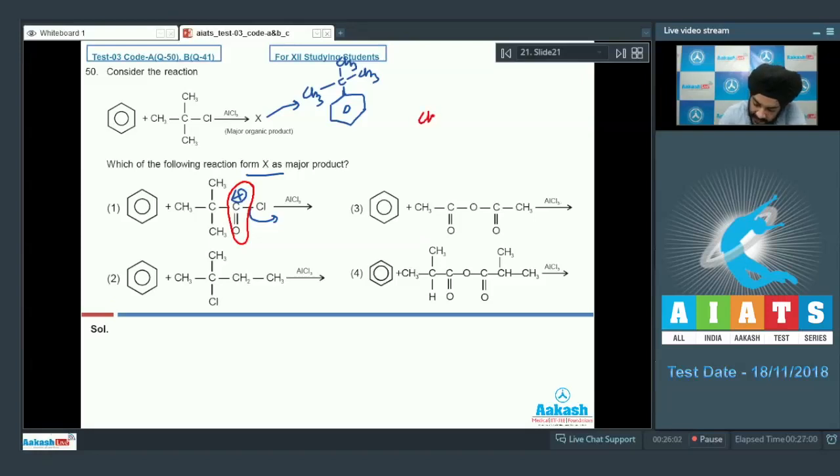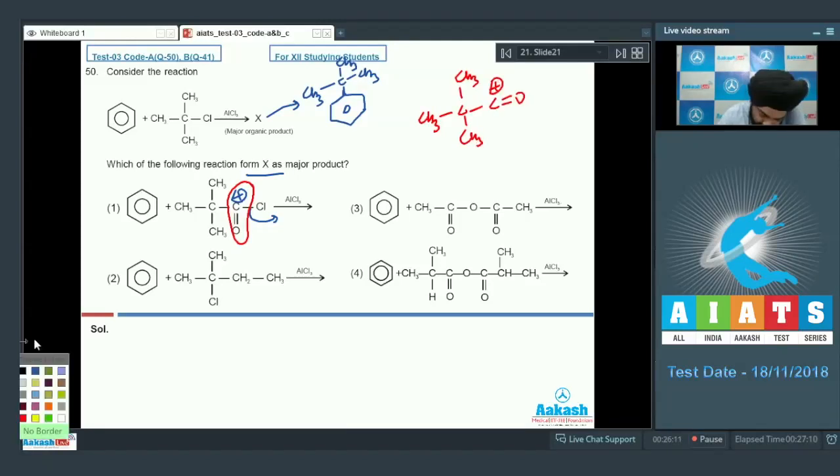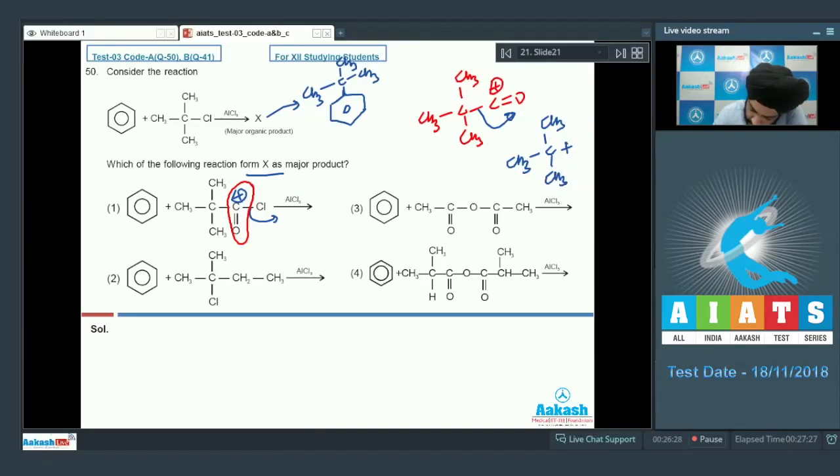So the first intermediate which we had got in this case was this, and this will again undergo loss of a CO molecule to form a tertiary butyl carbocation. Okay, and now this tertiary butyl carbocation will attack the benzene ring and lead to the formation of X. So reaction 1 will form X as the major product. So this should be the answer to our question.